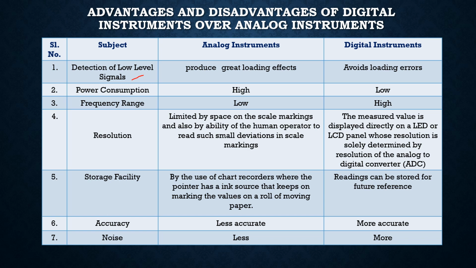Now we will move to the power consumption. Power consumption for the analog and digital instrument. In case of analog instrument, power consumption is very high, and in case of digital instrument, power consumption is very low. In electronic instrument, power is low because the power required to operate the instrument can be supplied from an auxiliary source.